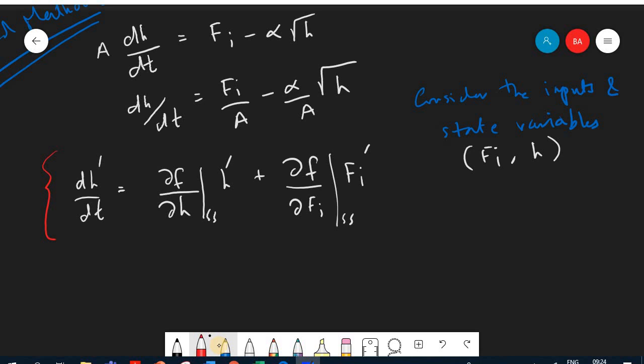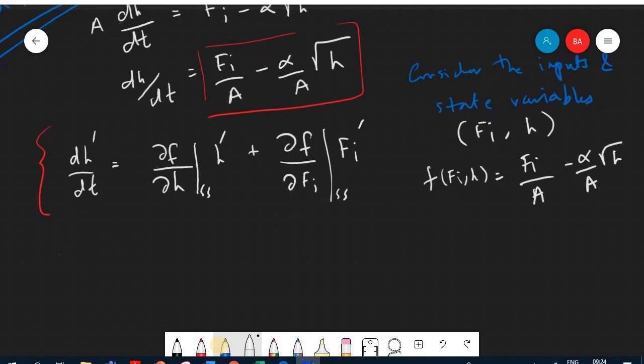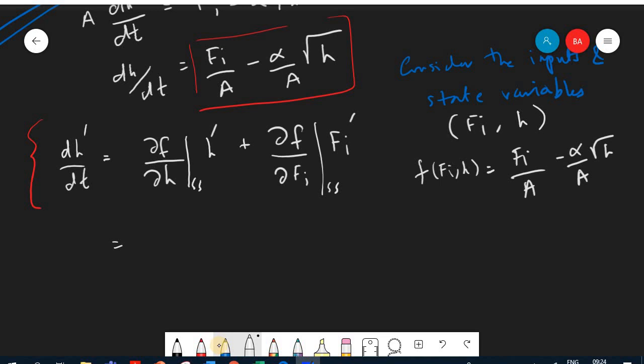So what is the function that I'm going to take the derivative of? It is the right hand side. So the function, which is a function of fi and h, is equal to fi over a minus alpha over a into square root of h. Let's take df by dh.